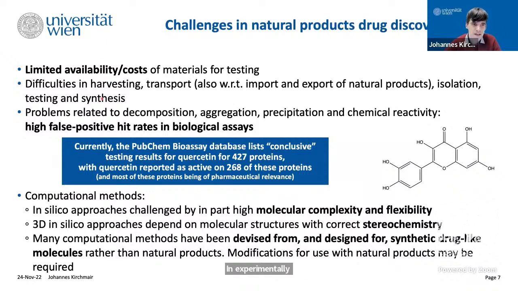And these natural products are actually known to be prone to cause false positive hits in biological assays. Just to give you one interesting example, this is quercetin, which all of you may well know. By checking the PubChem BioAssay database, a database of biological activities, we find that currently for this natural product, activity data is reported for 427 different proteins.